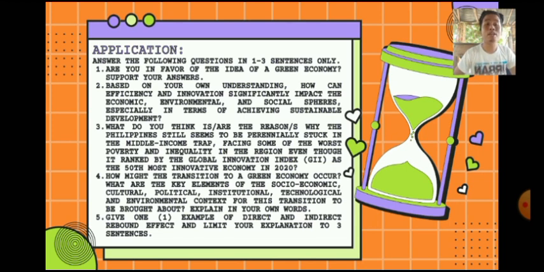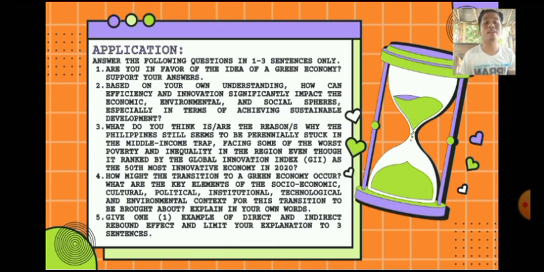And number three, what do you think are the reasons why the Philippines still seems to be perennially stuck in the middle income trap, facing some of the worst poverty and inequality in the region, even though it ranked with the Global Innovation Index or GII as the fifth most innovative economy in 2020?